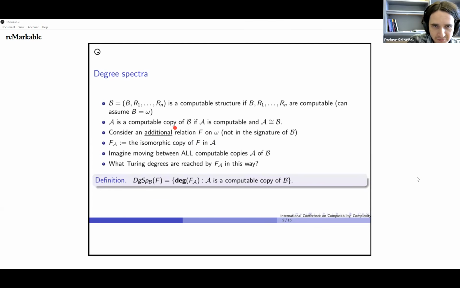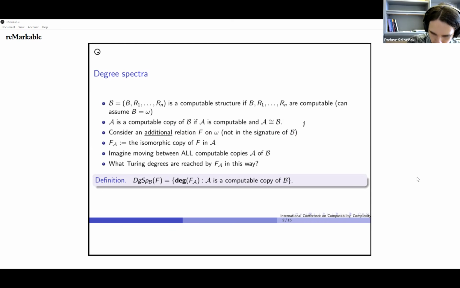We'll consider an additional relation F, which is not in the signature of the underlying structure.